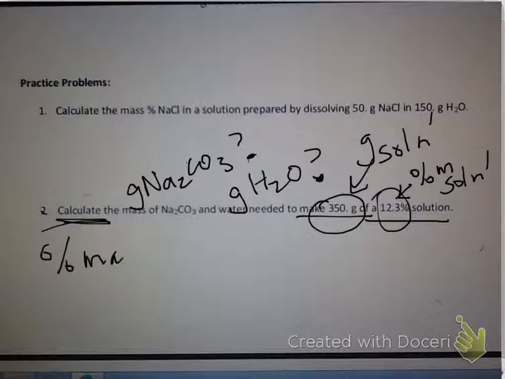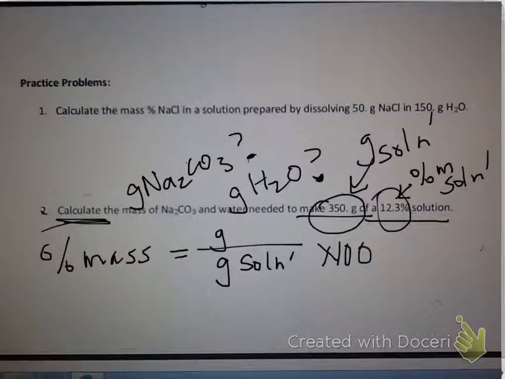The percent mass is going to be equal to the grams of the solute divided by the grams of solution times 100%. Now, why did I leave the solute blank? What's the solute here? Calculate the mass of sodium carbonate and water needed to make a solution. Usually, whenever you have an ionic compound, we said it's soluble or insoluble in water.